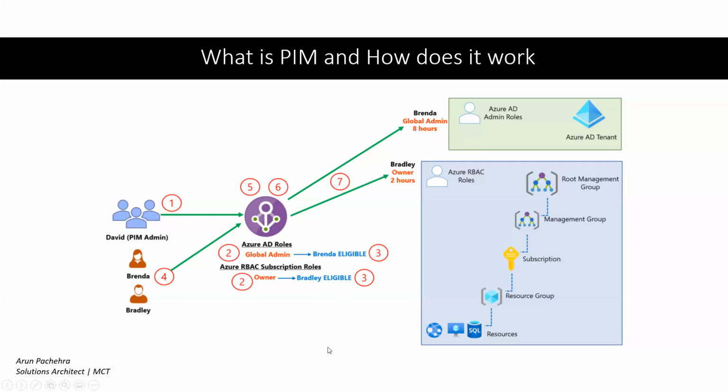In step three, David can make Brenda eligible for the global admin role and Bradley eligible for the subscription role. Eligible means that the user can request to be assigned the role by PIM whenever they need it to perform a task. So it's not like they are making themselves owner or global admin whenever they need the access, but they will request it. They are eligible to get that access.